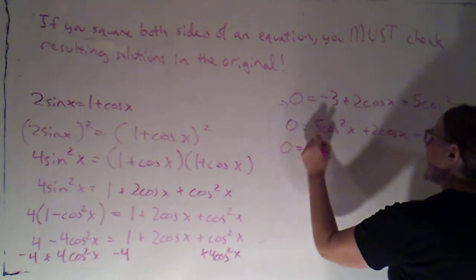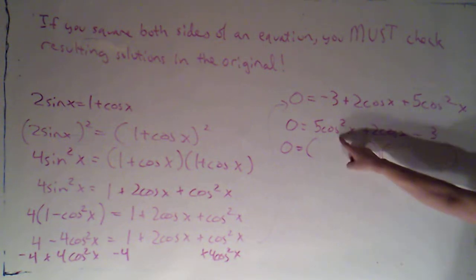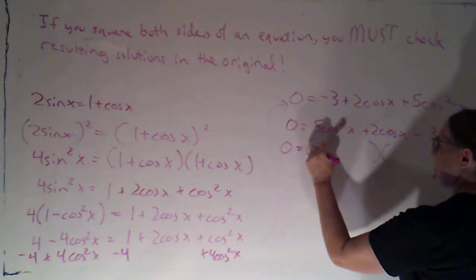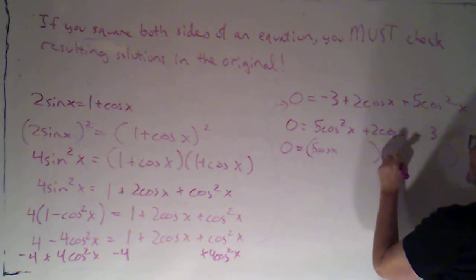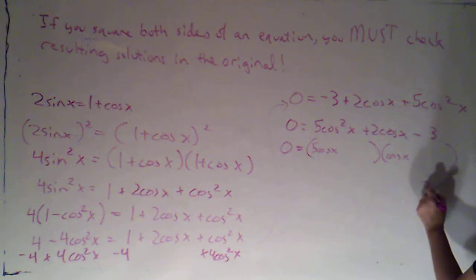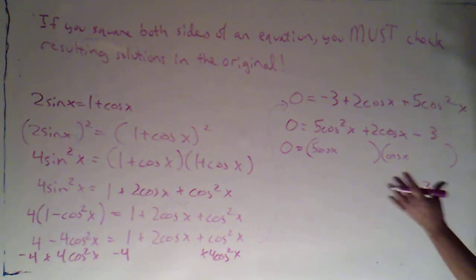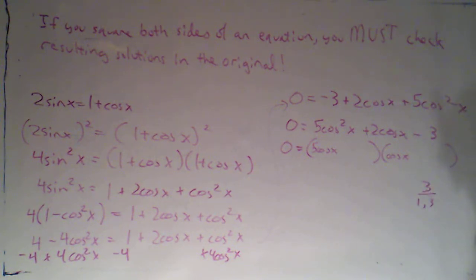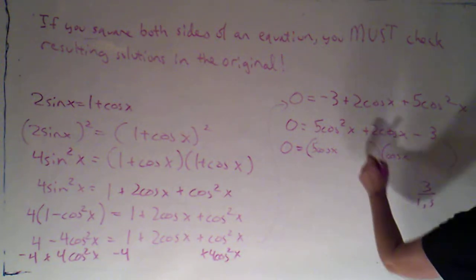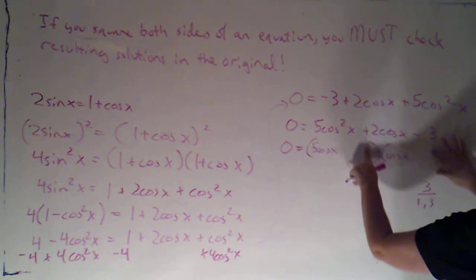I'm going to hope that that factors. If it unfoils, in order to get 5 cosine squared, I'd have to have a 5 cosine x and a cosine x. Now the only integers that are going to multiply to give me 3 are 1 and 3. They're going to have opposite signs, so I know I'm going to be subtracting when I combine my outsides and insides. So let's see. If I put a 1 here and a 3 here, I'd have 15 and 1. I don't like that.